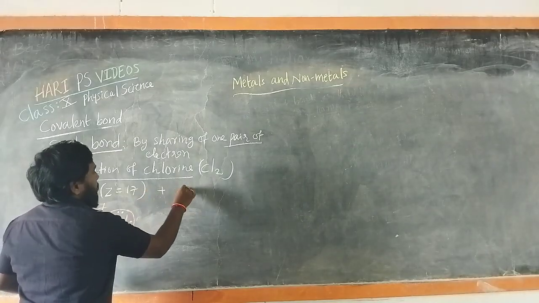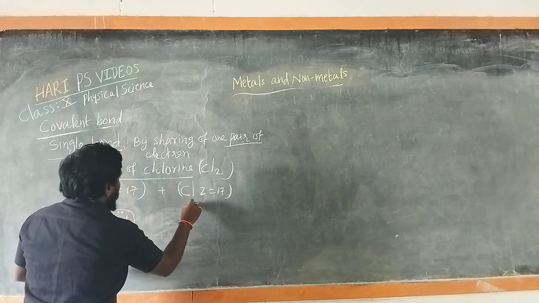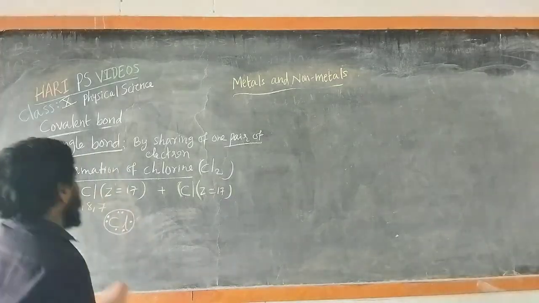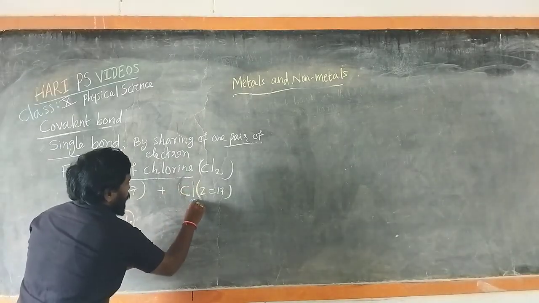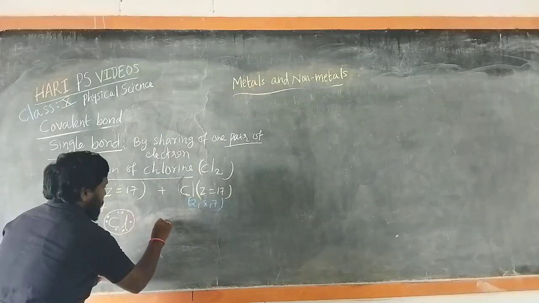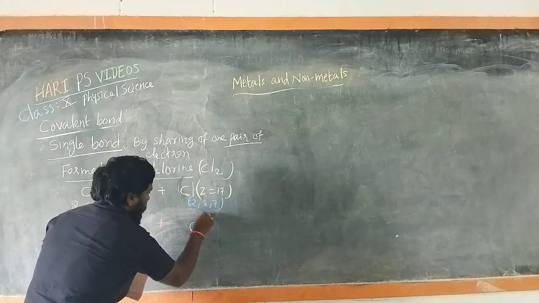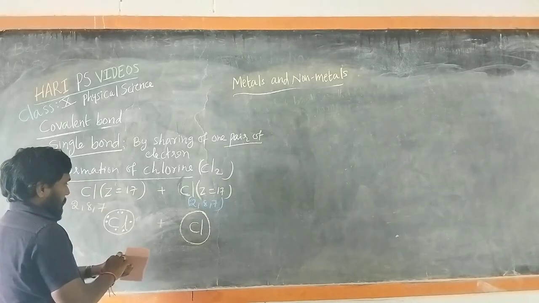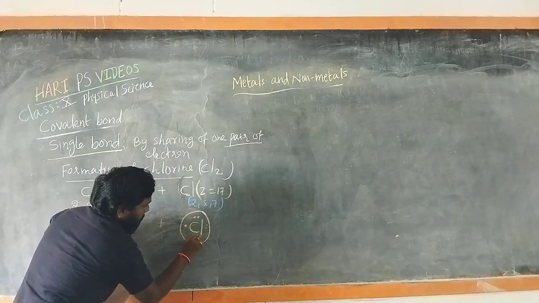When this chlorine is combined with another chlorine, whose electronic configuration is also 2, 8, 7, note the electron dot structures: 1, 3, 5, 7.